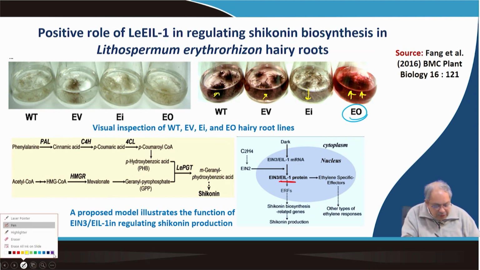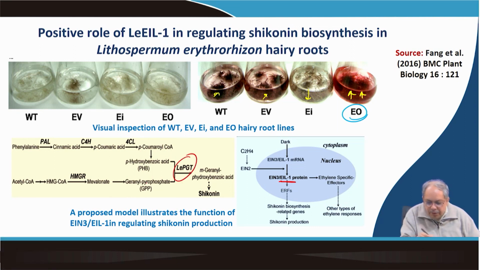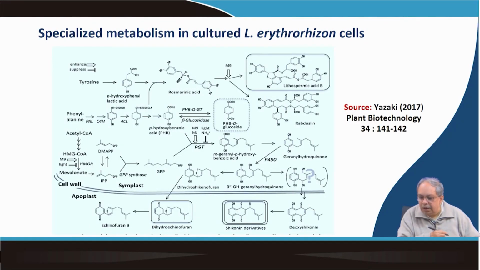This says that there is an upliftment of this enzyme, this step, what we call UBIA when you use the bacterial gene, but the plant gene was this 4-hydroxybenzoate geranyl transferase, which makes geranyl para-hydroxybenzoic acid, and eventually it makes the shikonin. They checked the expression of these enzymes, and they found that expression got uplifted. So, basically this is another update of the shikonin biosynthetic pathway.